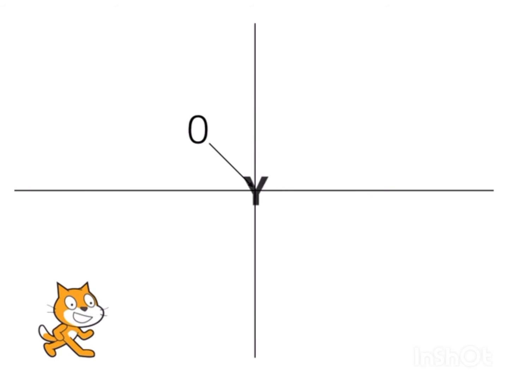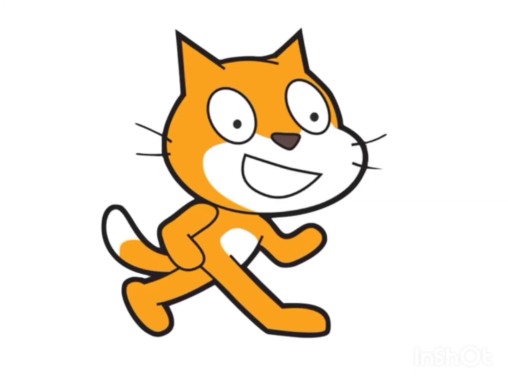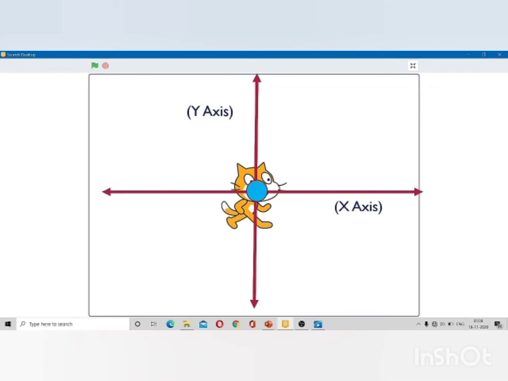Likewise, when you move upward, you get the positive y value, whereas if you move downward, you get the negative y value. The place where the x and y axis meet is the center of the stage, where the sprite sits and starts the movement.